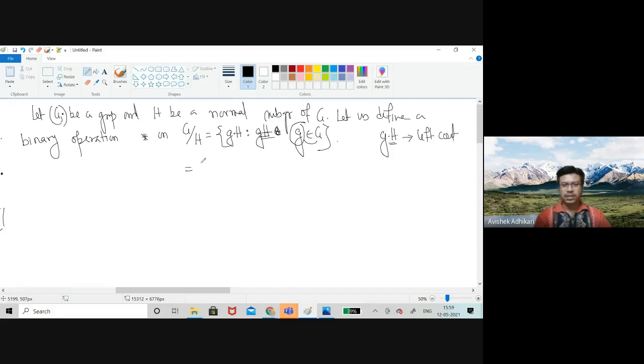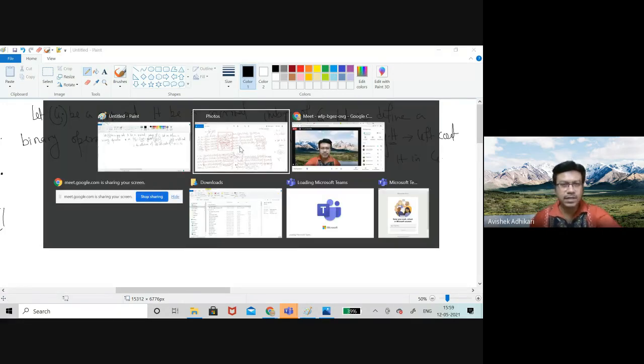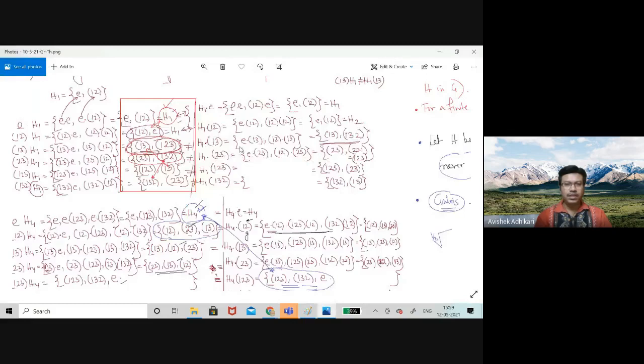So this is nothing but the collection of all left cosets of H in G. Note that when we consider gH, in our last example, we found only three types of left cosets.